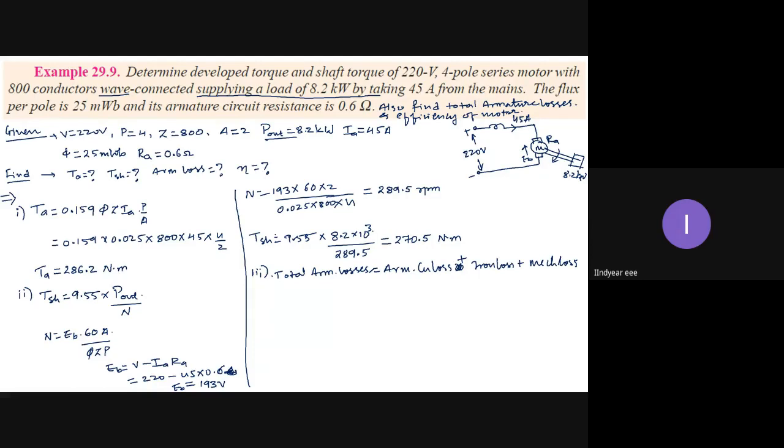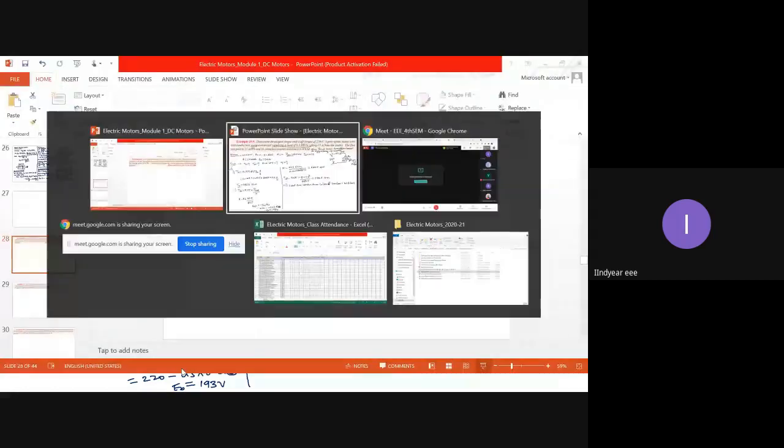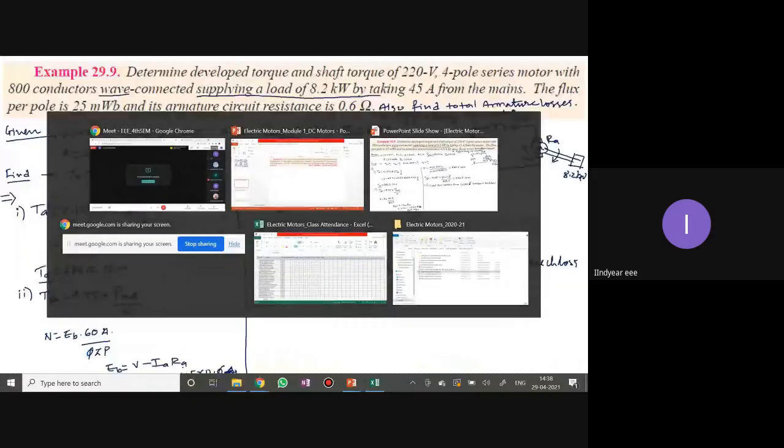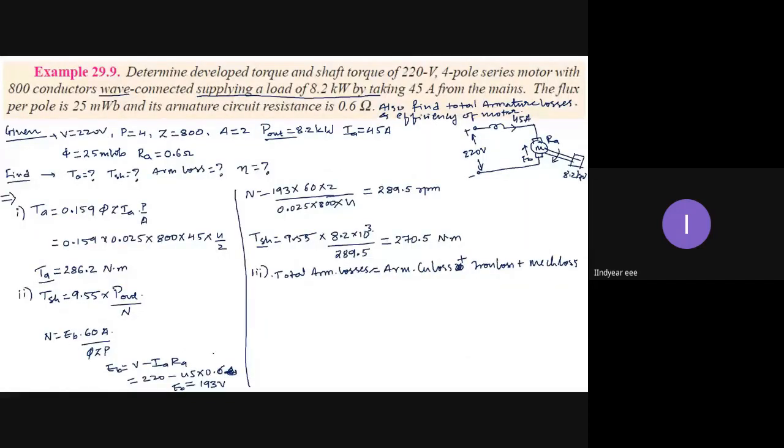If I deduct shaft torque from the armature torque, I will get a loss torque. If I convert that loss torque into power, that will be the loss power in the armature, which gives iron loss and mechanical loss. And if I add armature copper loss to that, it will become total armature losses.